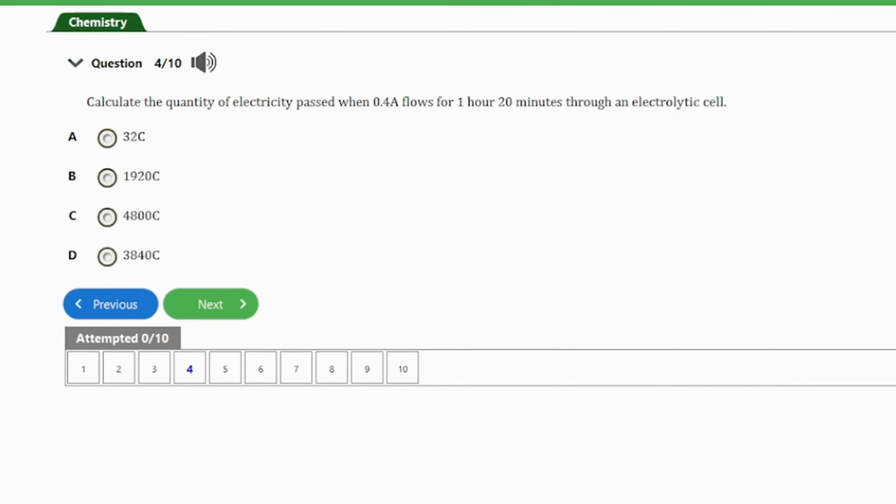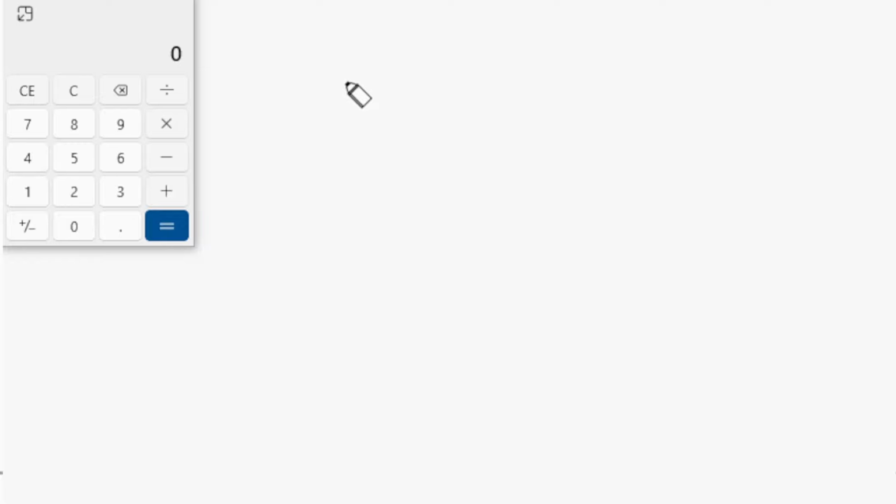That's question number 4. It says, calculate the quantity of electricity passed when 0.4 amperes flows for 1 hour 20 minutes through an electrolytic cell. So guys, we want to consider the quantity of electricity. So let's zoom into our workspace here and solve this together. We want to consider the quantity of electricity. So we know that Q is equal to IT.